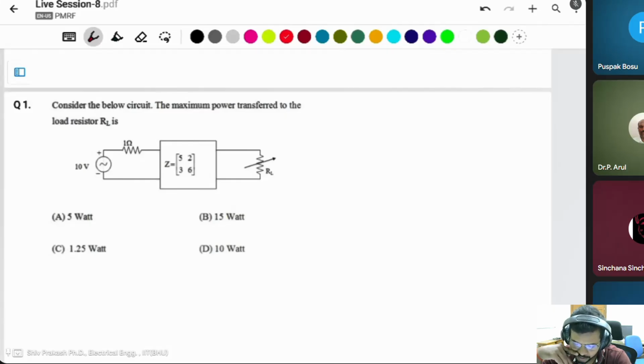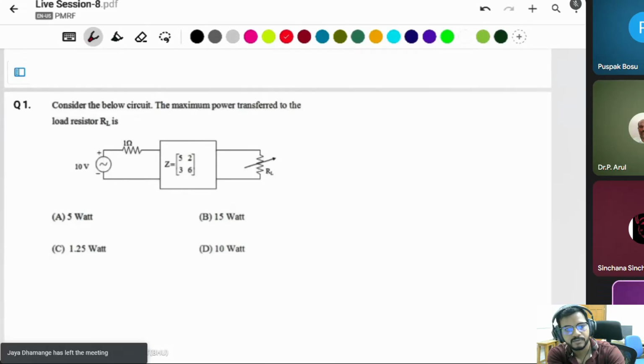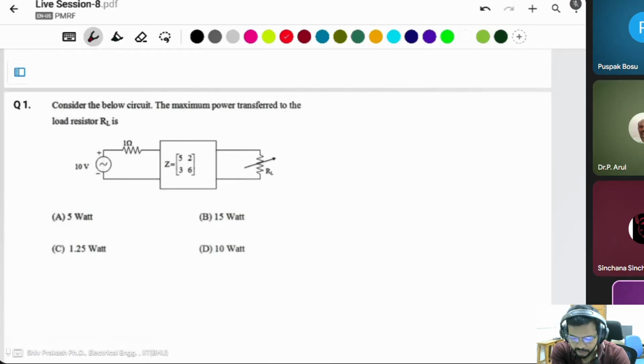But here you can't say exactly what the source resistance in this network is. Then how can you find the maximum power? The parameter given is the impedance parameter, the Z parameter.